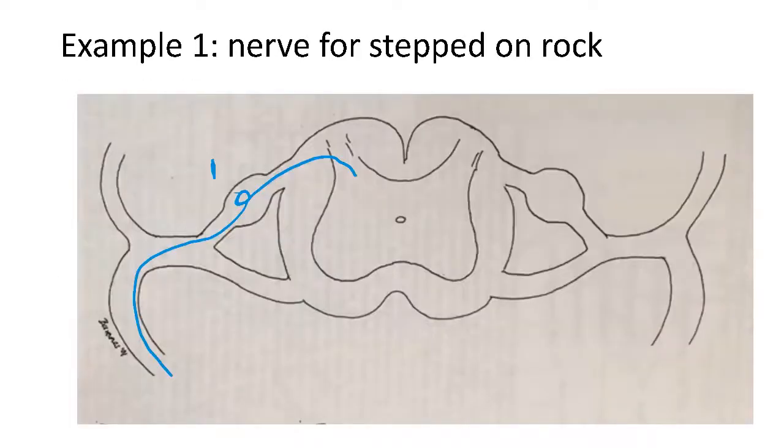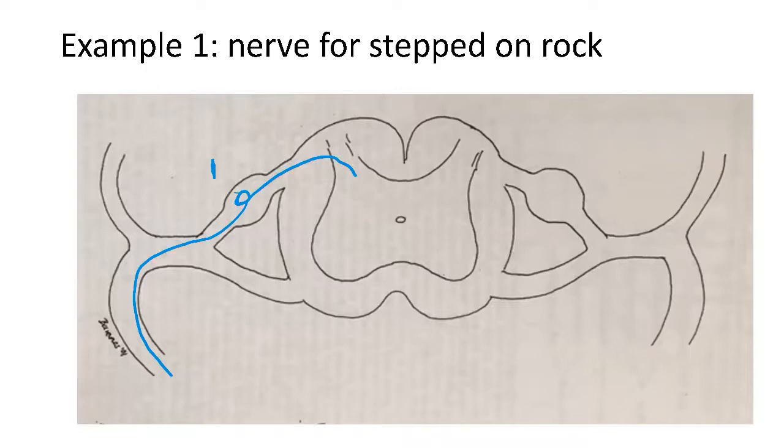For example, if you had a nerve, which would be sensory, for stepping on a rock, ouch, that hurt, right? So pain for stepping on a rock, you would use 1, it would be an SA nerve because it is sensory. The neural cell body would go into the dorsal root ganglion, that's 2. 3, the axon.